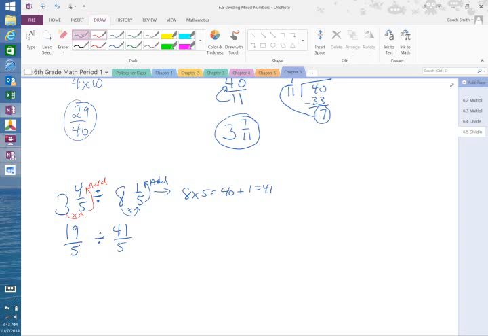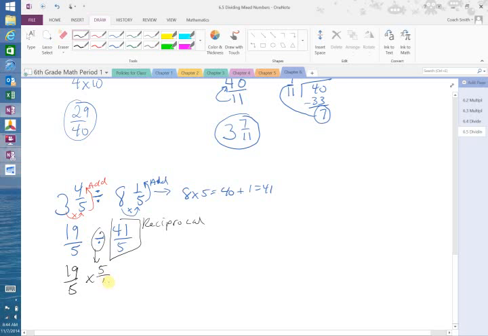All right. Now, 19 over 5 stays the same. Change division to multiplication. Do the reciprocal of the divisor. And that gives me 5 over 41. Now, common factors check: there, that goes once.